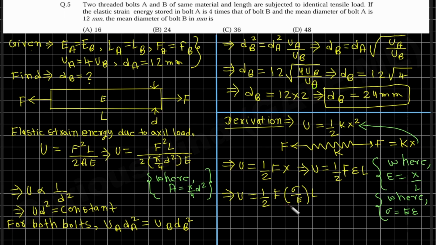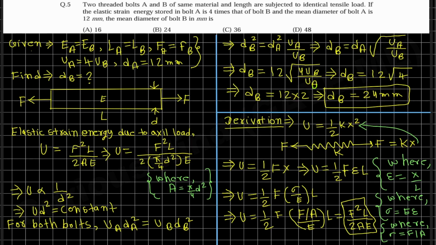Here we further have to eliminate sigma, and for this we use the formula of the axial stress, which is equal to applied force divided by the cross-sectional area A. We eliminated sigma from this expression and replaced sigma with F divided by A, and after simplifying, this expression becomes F square L divided by 2AE, which is the same as this expression.